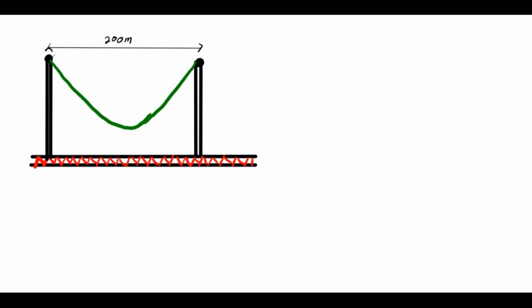We are also told the towers are 75 meters high, both of them. So I can just place a height here, at this point, that will indicate the height of the towers. So it's 75 meters.